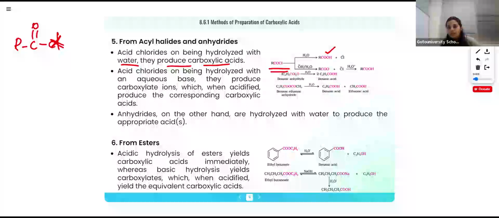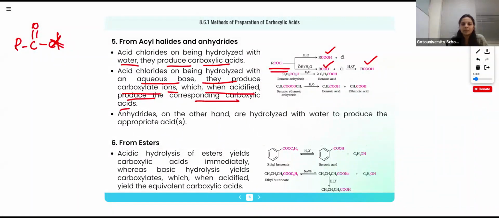Do the hydrolysis and convert them into the corresponding ion, then convert into acid by reaction with water. Next one: acid chlorides on being hydrolyzed with aqueous base produce carboxylate ions, which when acidified produce the corresponding carboxylic acid. This is the reaction.